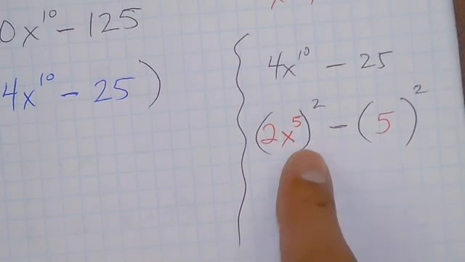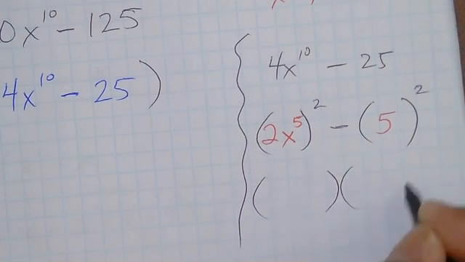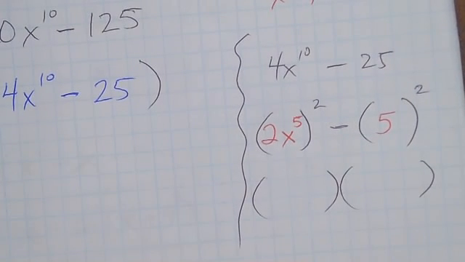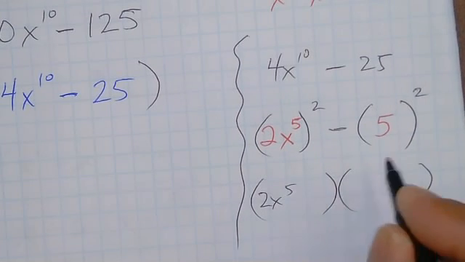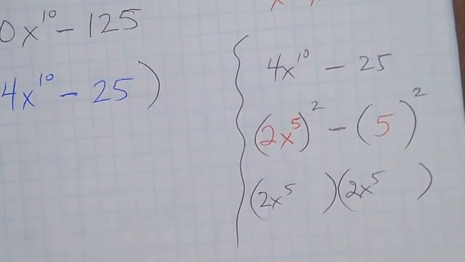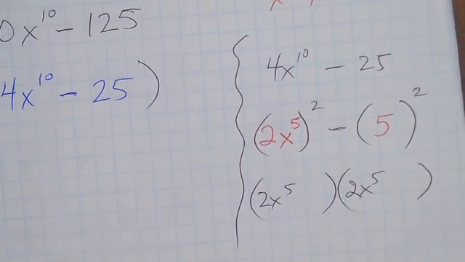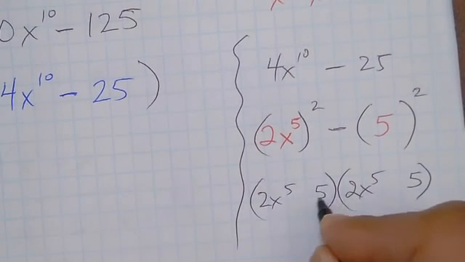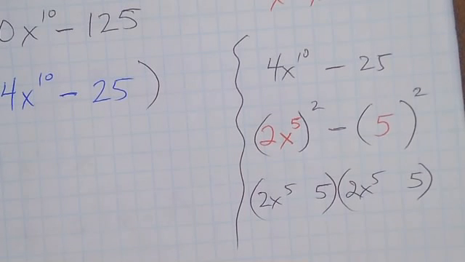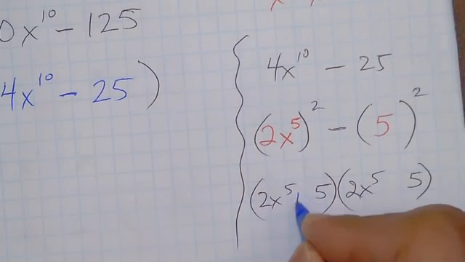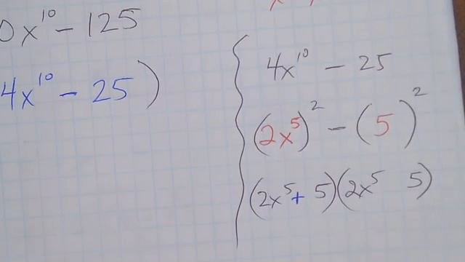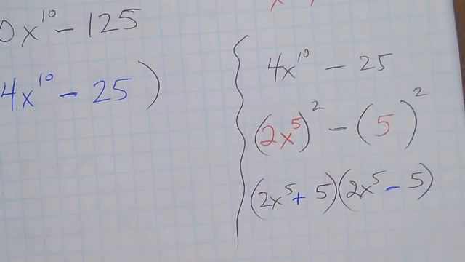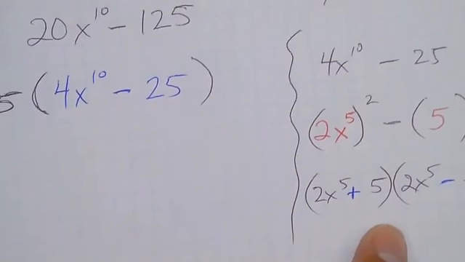Watch out. Okay. And if that's true, and you are convinced that it is a difference of squares, then what are the two parentheses? Well, in the front is a 2x^5 and a 2x^5. Yep. On the back is what? A 5 and a 5. Yep. And what goes in the middle? Well, one of them's going to have a plus.